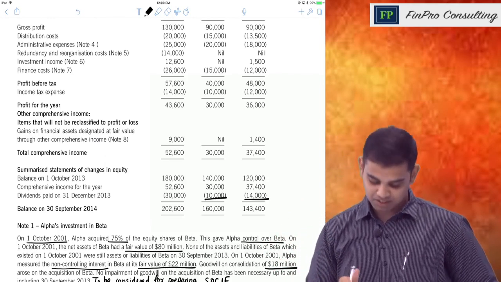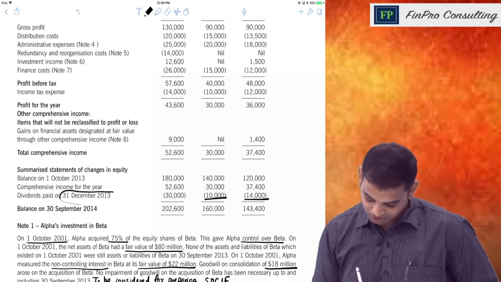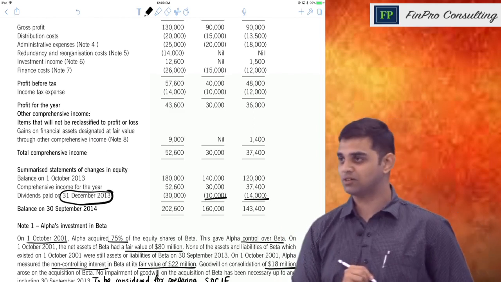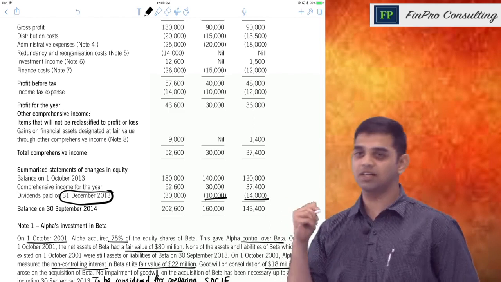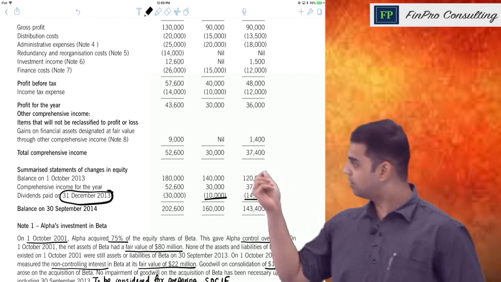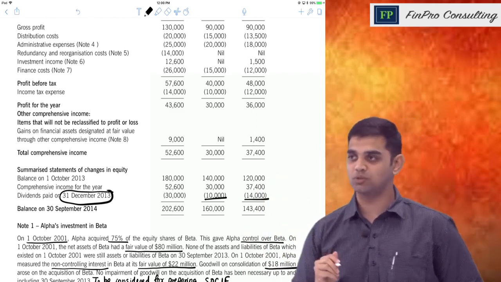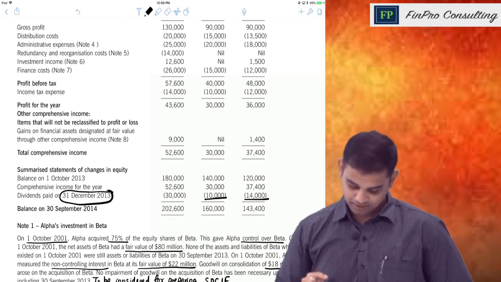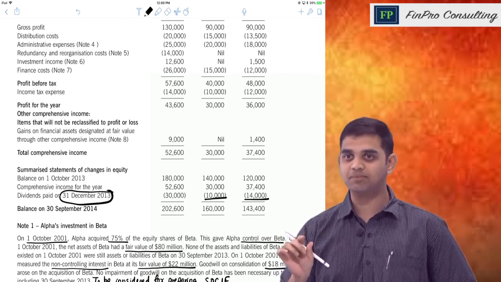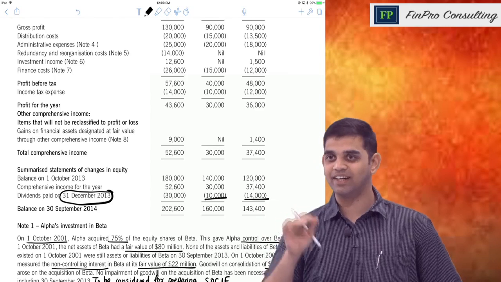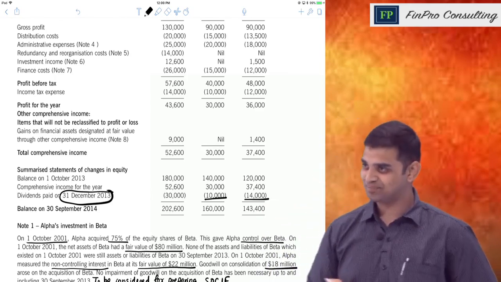But this is a hidden adjustment because this date is very important, 31st December 2013. So a lot of people make a mistake here. They eliminate the dividend from Gamma also. Right? So whenever there is a simple adjustment, you look twice. Is there any hidden adjustment anywhere?